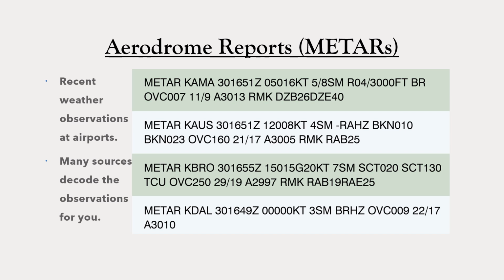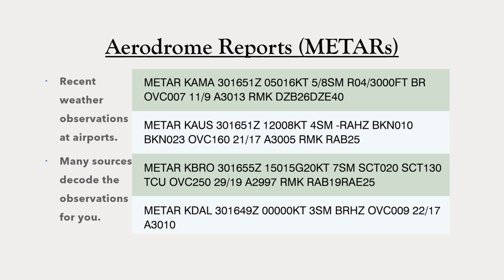Then there's two digits that indicate the wind speed. Occasionally you will have a G and two more digits. That indicates a gust amount. So like in this third example, the wind is coming from a direction of 150 at 15 knots, gusting to 20 knots.